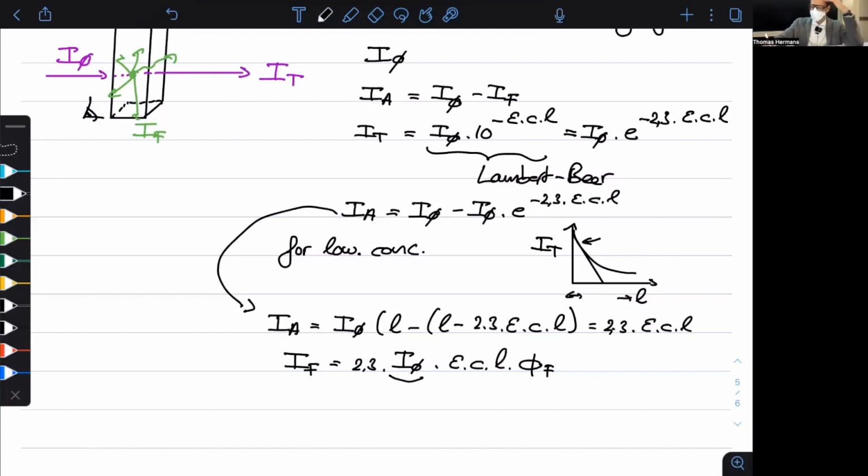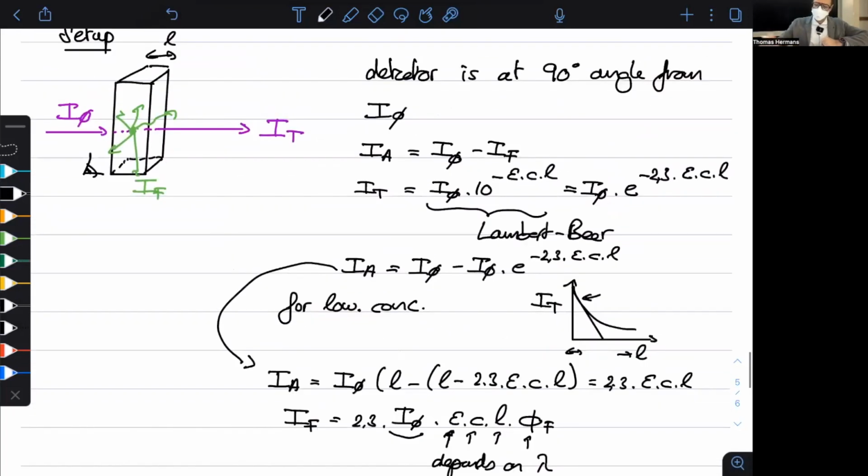It depends on the extinction coefficient, concentration, path length, and on the quantum yield. Okay, so of course this extinction coefficient also depends on the wavelength.